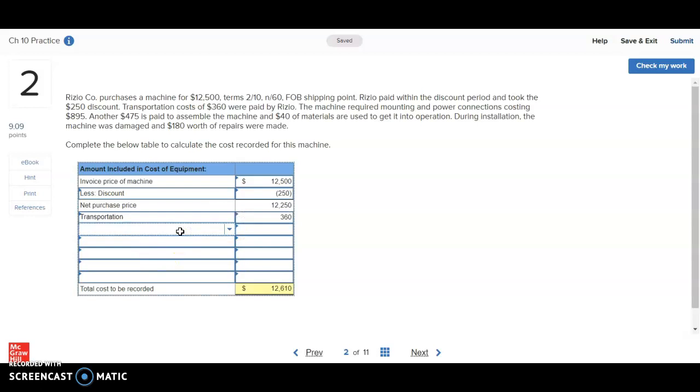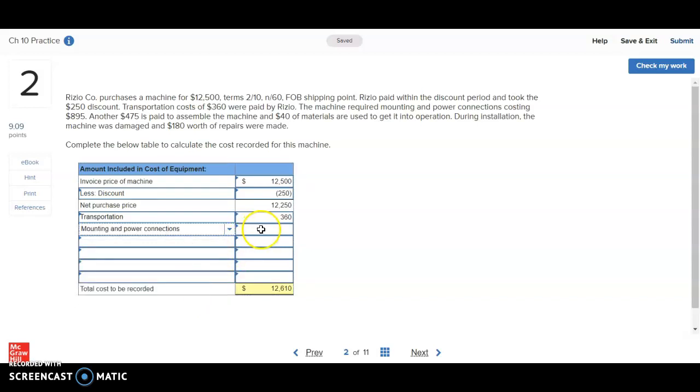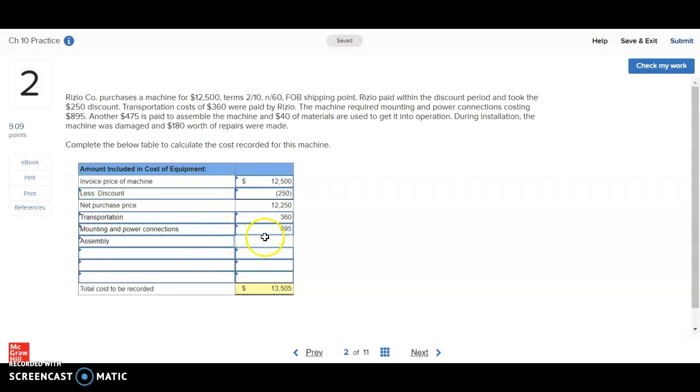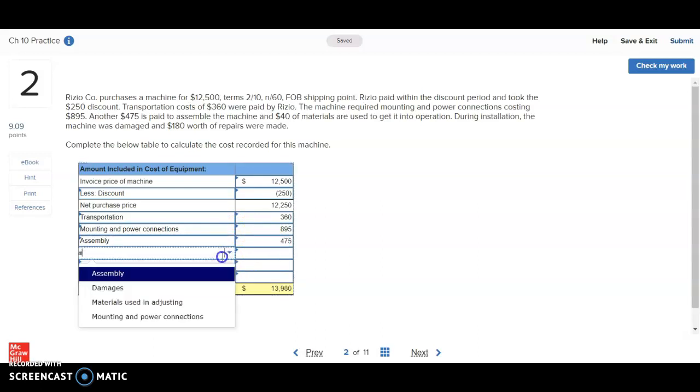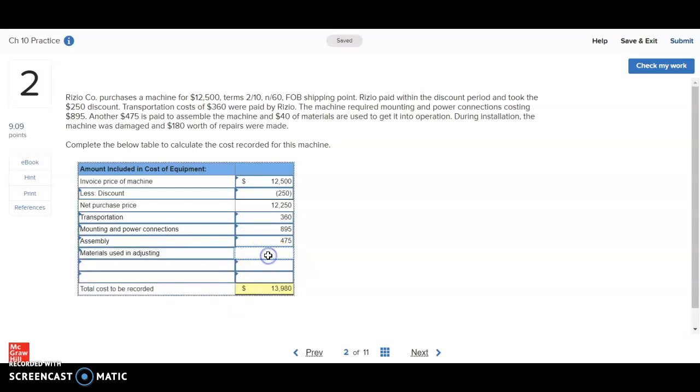It says required mounting and power connections. So mounting and power connections, that's getting it ready for use. So we are going to include that. That was $895. And then we had assembly cost. So assembly, which was $475. And then we have materials to get it into use, and that was $40.